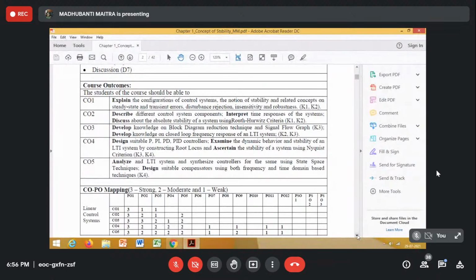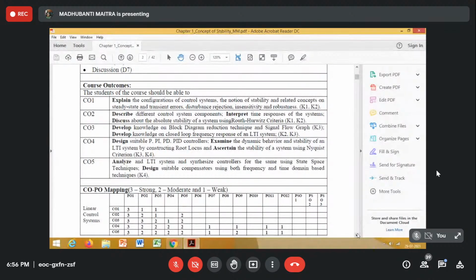So the first CO is: after finishing the course, the students should be able to explain the configurations of control systems, the notion of stability, and related concepts on steady state and transient errors, disturbance reduction, insensitivity, and robustness. Right. So today, in this particular class, we'll try to learn the notion of stability. What is the stability concept?